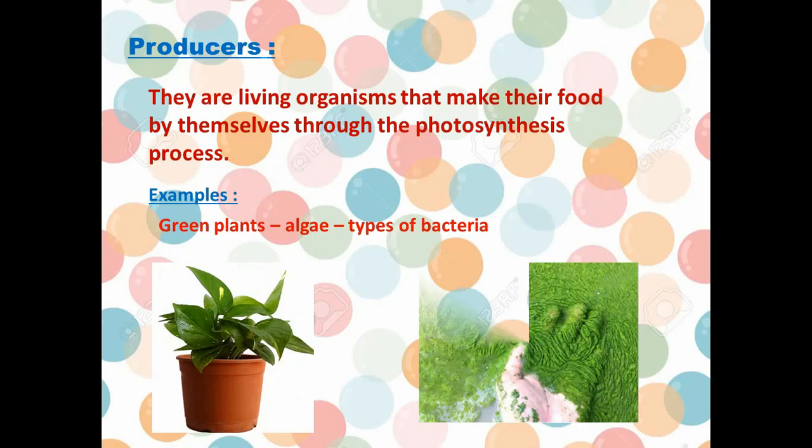And algae are watery plants. It's a type of plants. We can find it only in water. So don't forget that all the producers are plants and some types of bacteria.